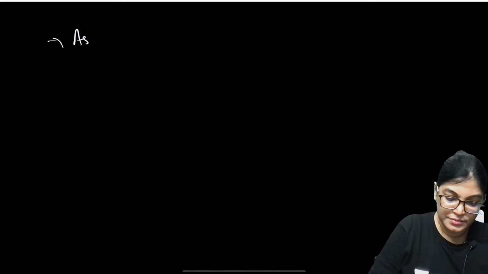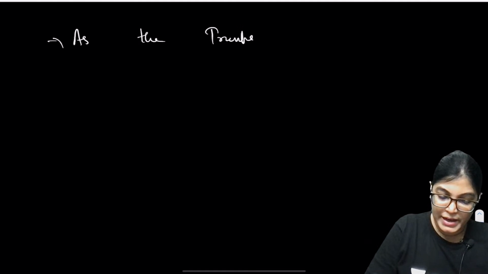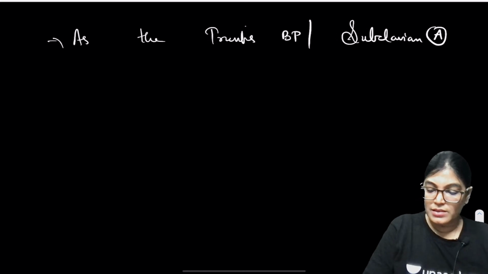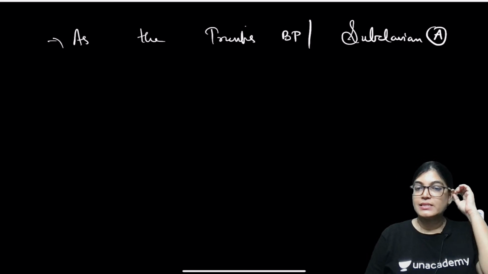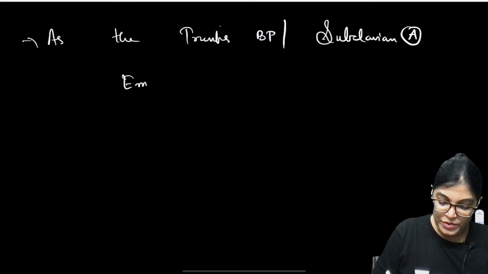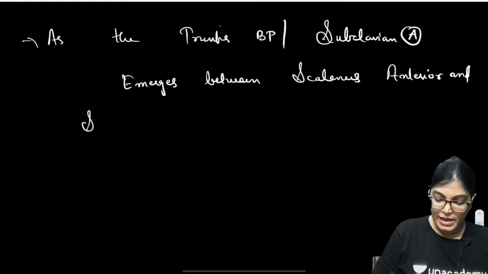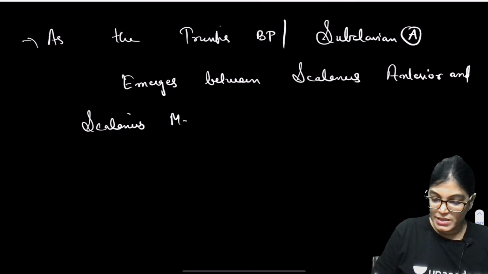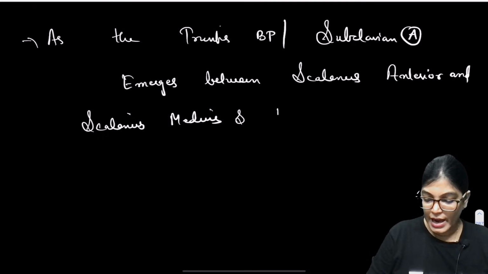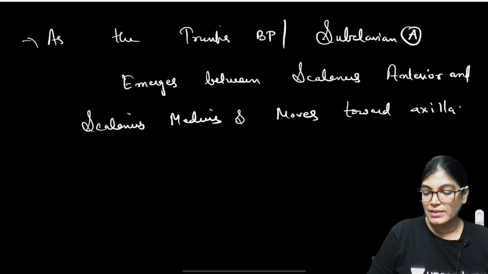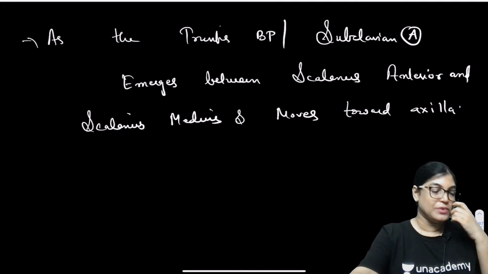As the trunks of brachial plexus and subclavian artery emerge between scalenus anterior muscle and scalenus medius muscle and move towards the axilla, the covering, that is the prevertebral layer, will form axillary sheath.